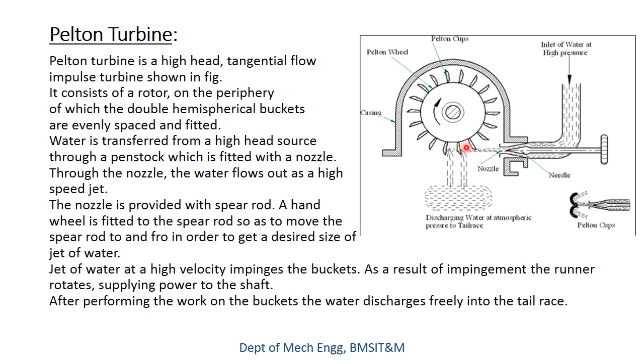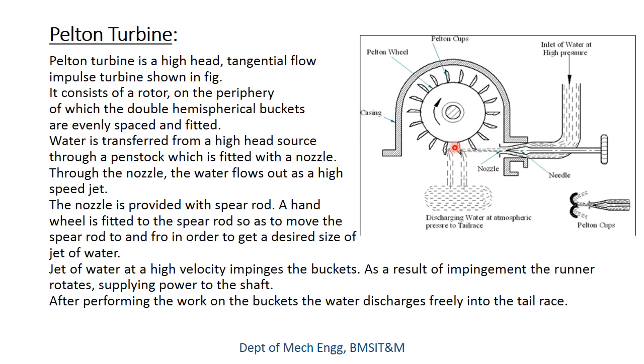Now when we look at these Pelton cups from the right hand side or from the nozzle, the Pelton cups appear like this, where it has two hemispherical portions, and the water coming out of the nozzle is made to strike exactly at the center, where this acts as the divider to allow the flow of water to be diversified in both the directions.